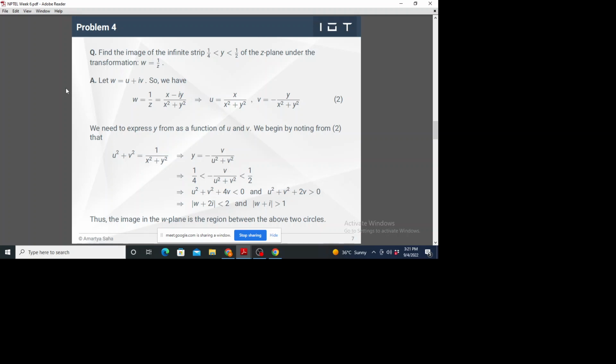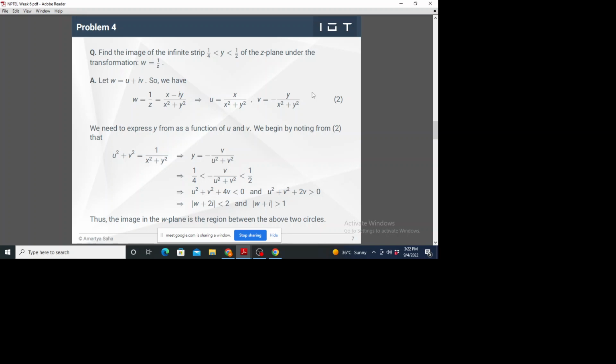From 2 you see u and v are two functions of two variables x and y, and only one of them, namely y, is given some restriction, and x is free to evolve.